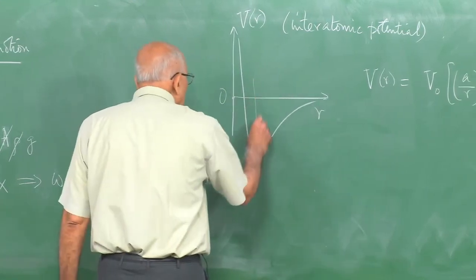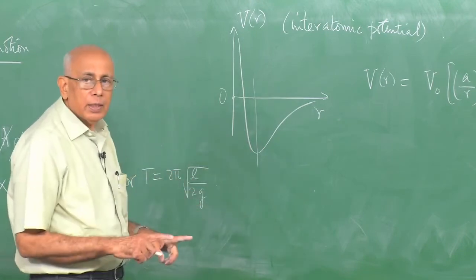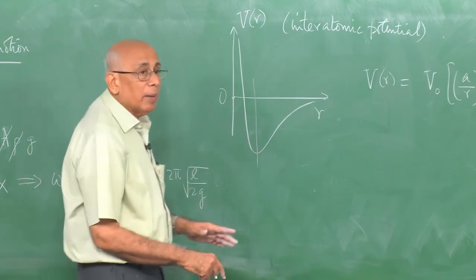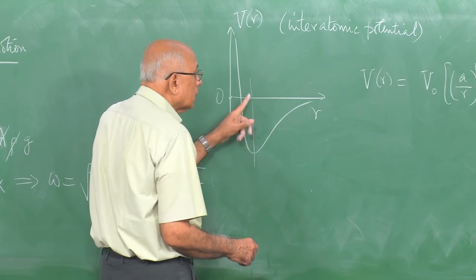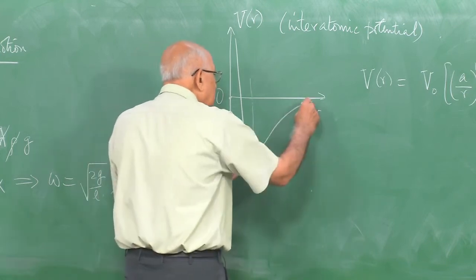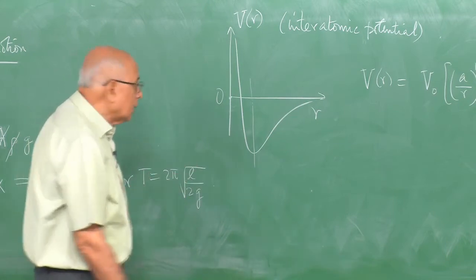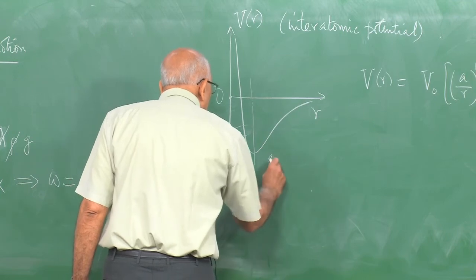So till this point dV over dr is negative, so minus dV over dr is positive, and therefore the force pushes you outwards radially. It is a repulsive force, and beyond this point, which is a minimum, the slope is positive, so minus the slope is negative and the force is radially inwards. So you have repulsion and attraction.